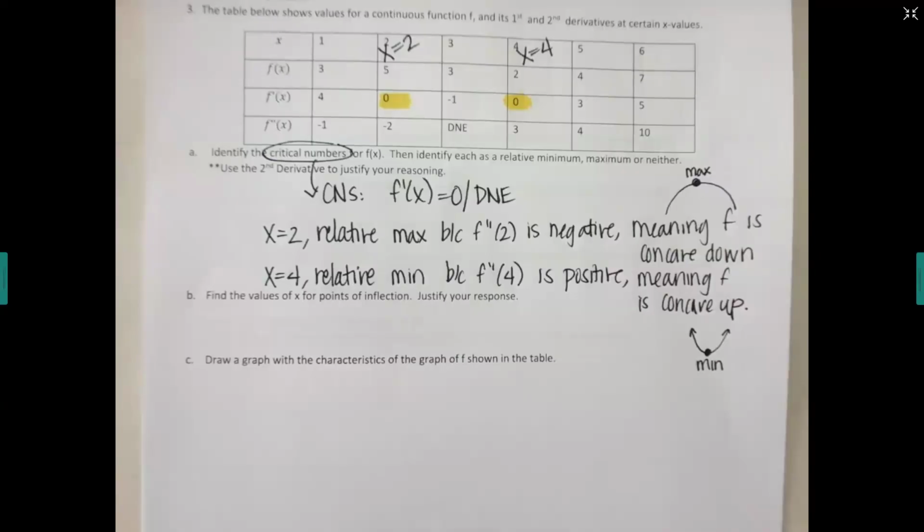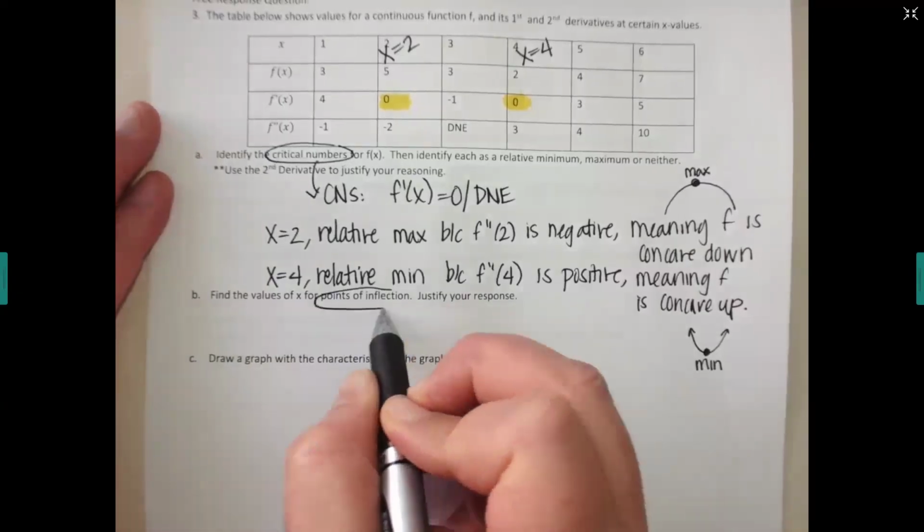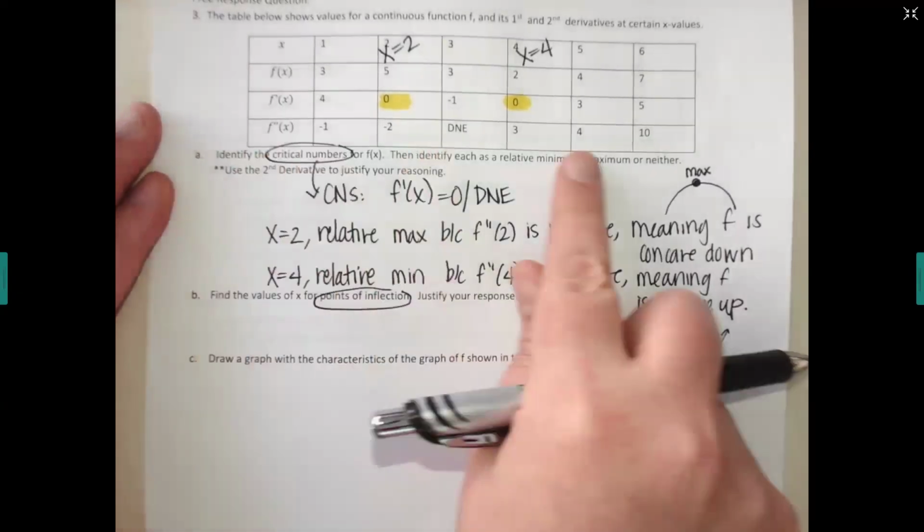Part B says, find the values of X for points of inflection. What row will I find inflection points on? F, F prime, or F double prime? Points of inflection are going to be the F double prime row.